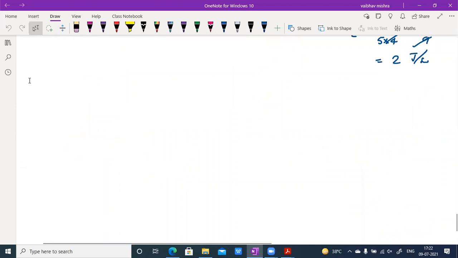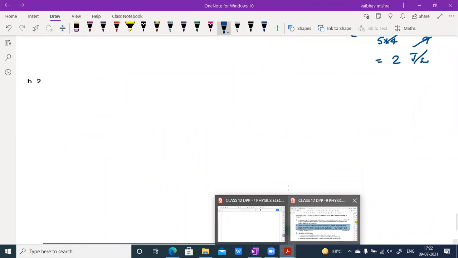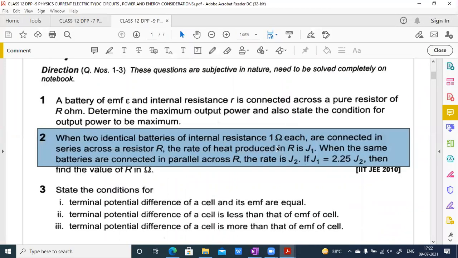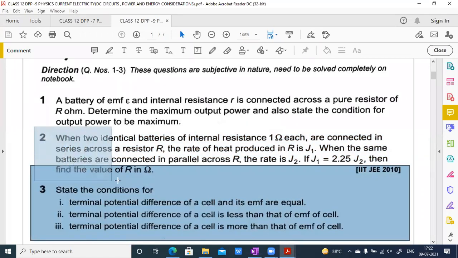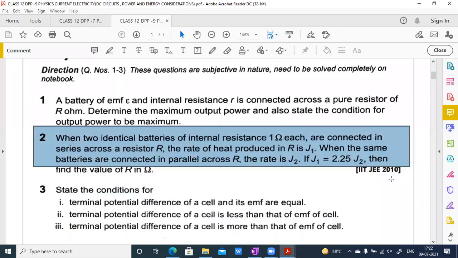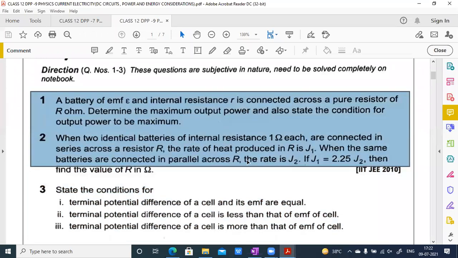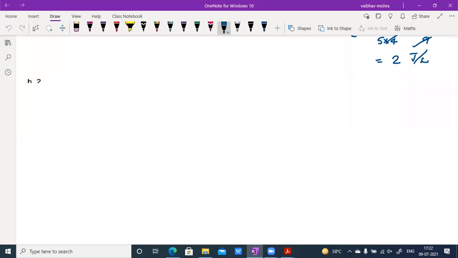But I think we did, but just for once again, we can discuss this. जब दोनों सेल को हम सीरीज में लगाएंगे तो EMF हो जाएगा 2E.